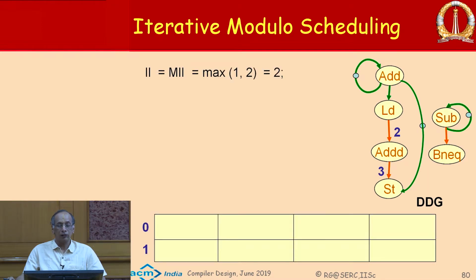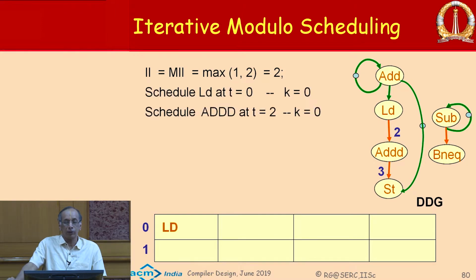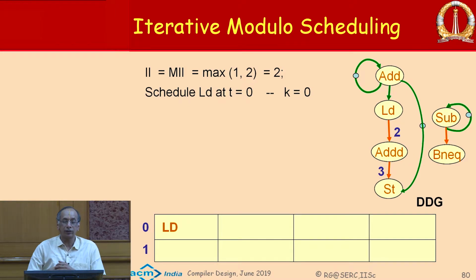So, again for our example, let us see what happens. We found that our minimum II is 2. So, let us start off with II equal to 2, and let us try each one of these operations. First let us take the load operation and see whether we can schedule it at time step 0. It is possible to schedule because no resource is being used at this point.